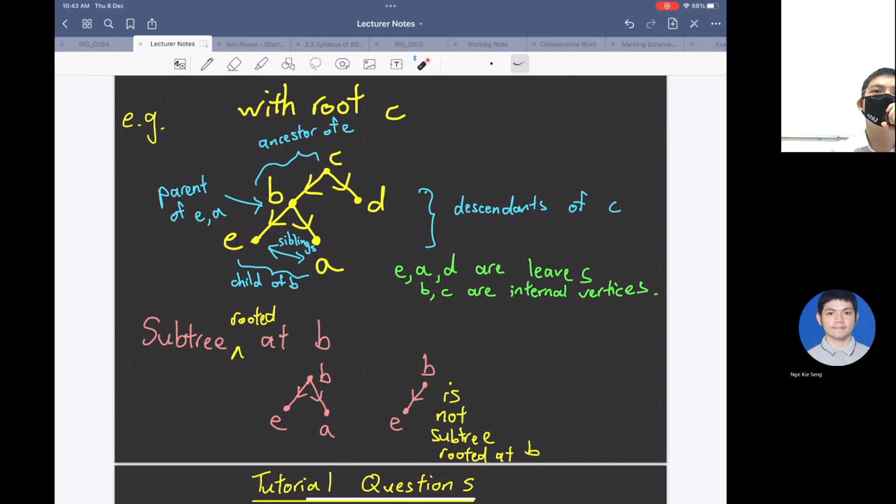I think the number of subtrees is equal to the number of vertices, because for a subtree you need to include all the descendants. So there's only one way to do that for every vertex.